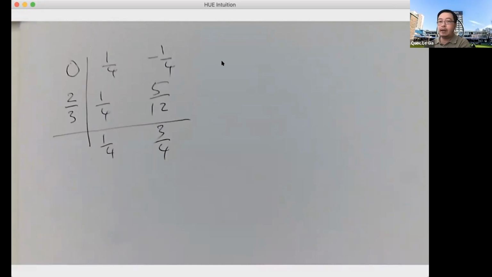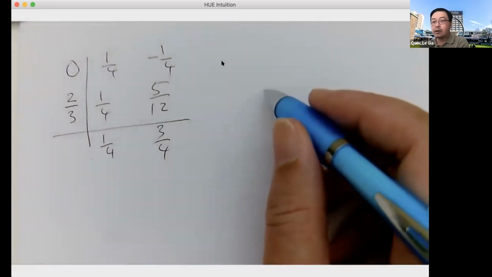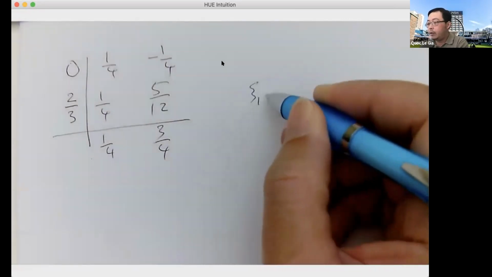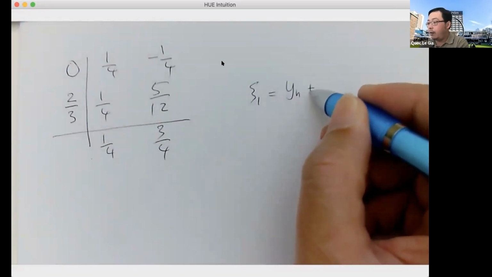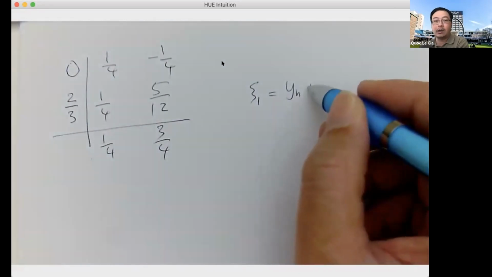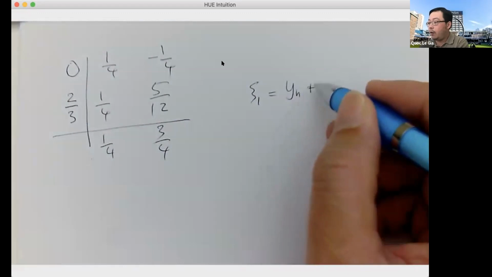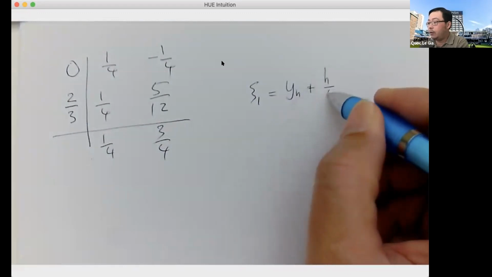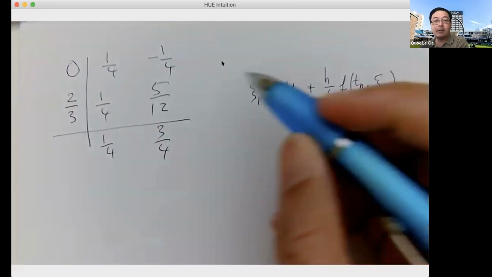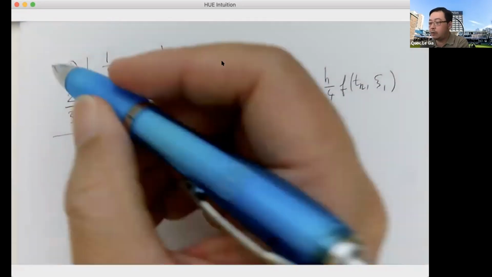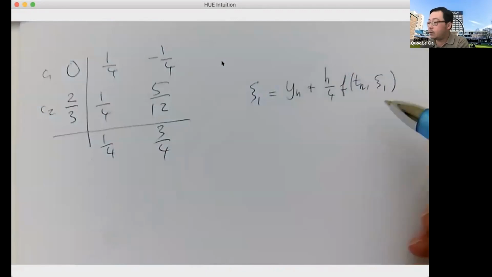So what is my xi1? My xi1 will be, you start with yn, and you have to add h/4 f of tn, xi1. Because c1 equals 0, I don't have to add anything.